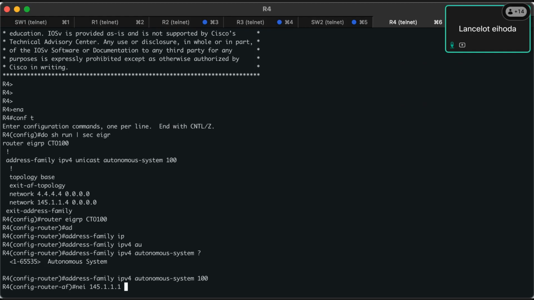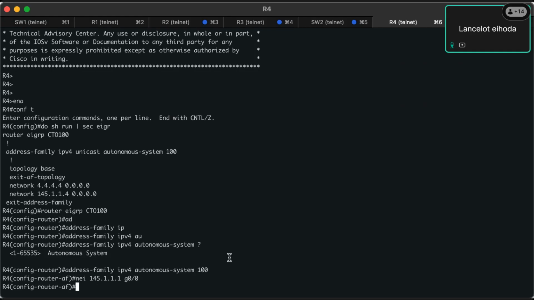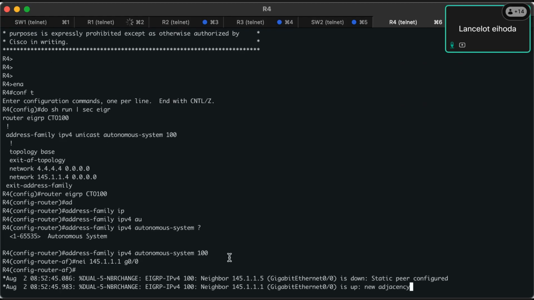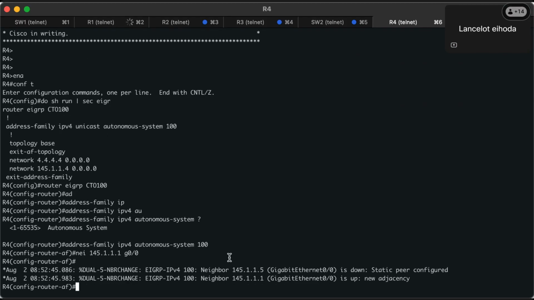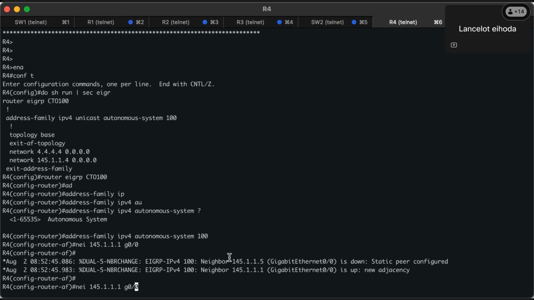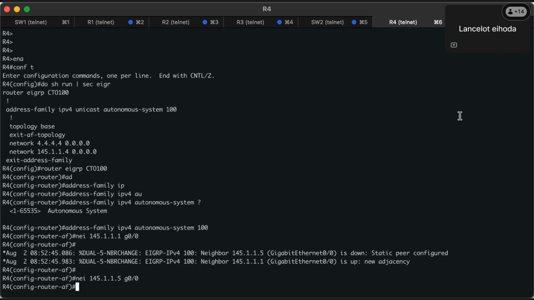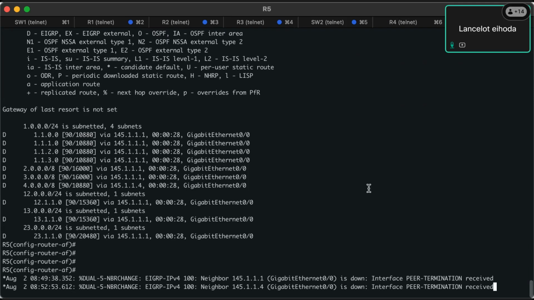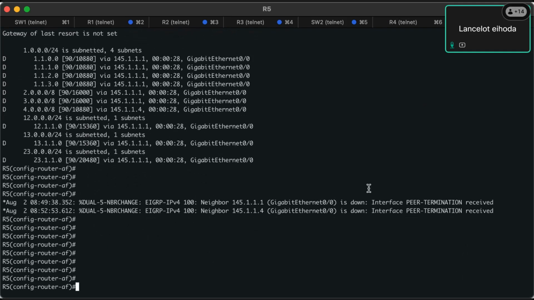And it's going out through the gig 0/0 interface. This should bring it back up now. So the adjacency should be up. You do the same thing with 5, because the side of 5 is still configured as multicast, so it will not work.